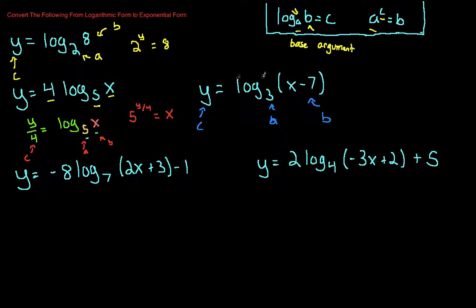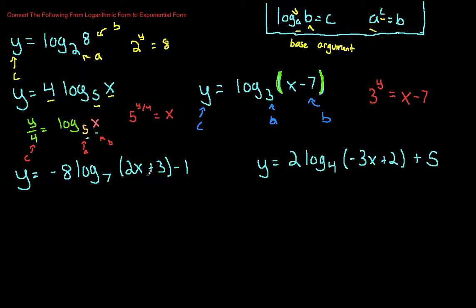Anything in parentheses is the argument, which is totally fine. So I take my a value, 3, raise it to my y value, and set this equal to x minus 7. That's my solution to that problem.